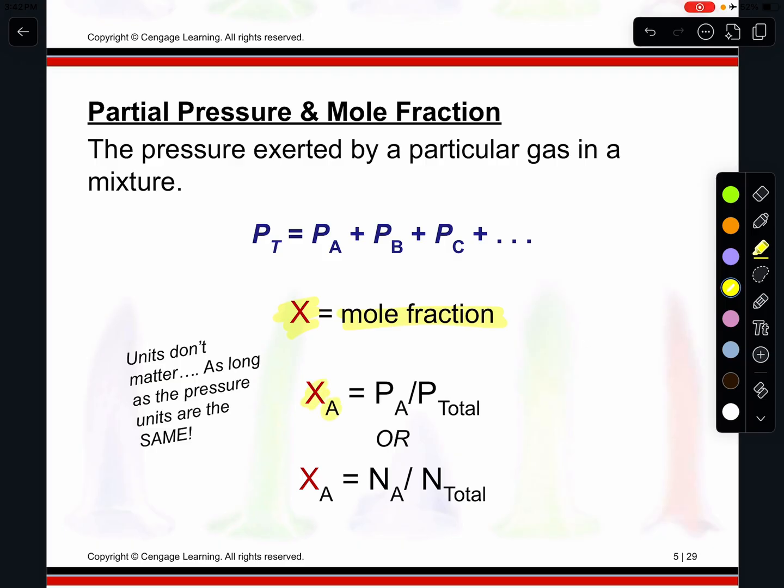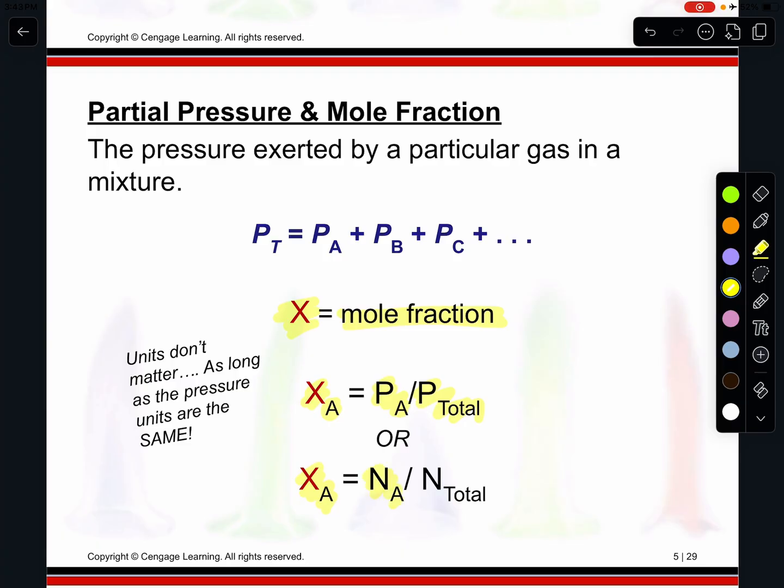Now, for mole fraction, there are 2 equations you can use. To find the mole fraction of gas A, we're just saying gas A as an arbitrary gas, you can take the pressure of A, or the partial pressure of A, and divide it by the total pressure. Or, the mole fraction is like the amount in moles that the gas is in the total container.